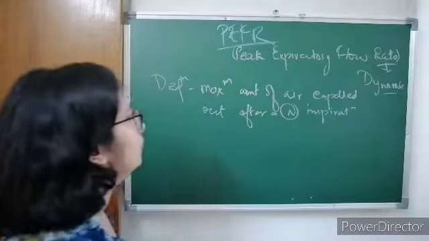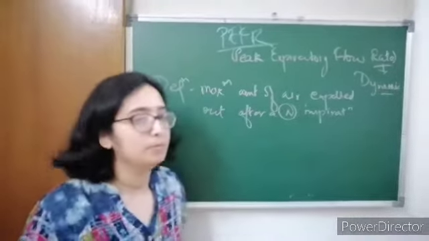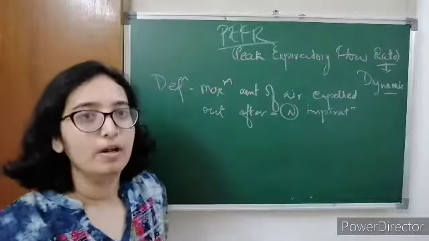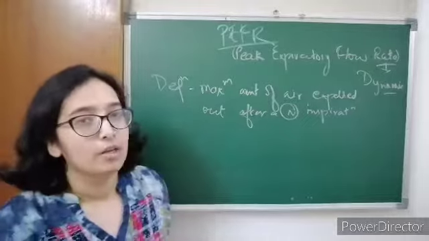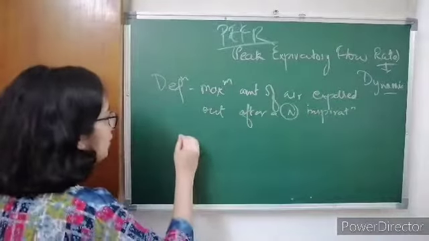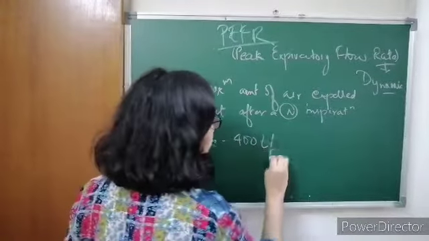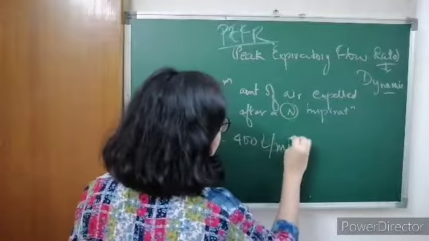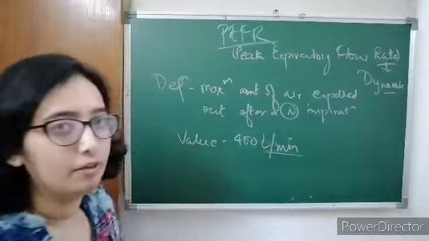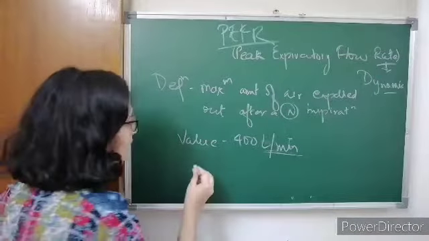Okay, so what is PEFR? It is the maximum amount of air that can be expelled out after a normal inspiration. So what will be the value? Normal value of PEFR is 400 liters per minute. Okay, normal value of PEFR is 400 liters per minute.